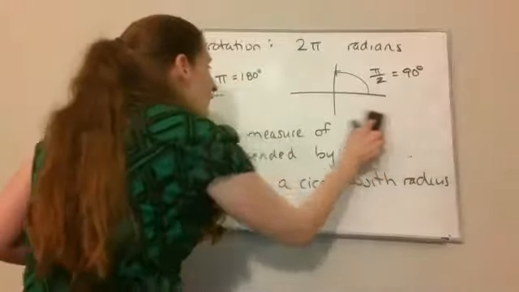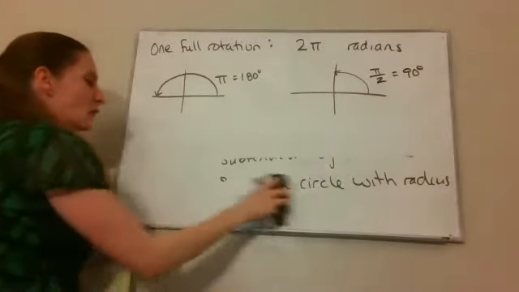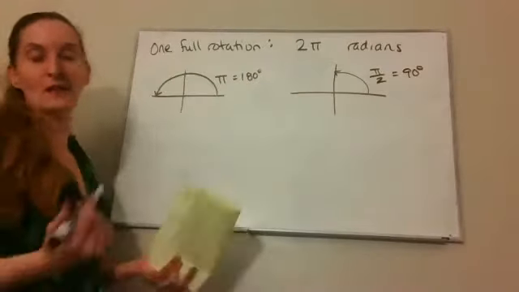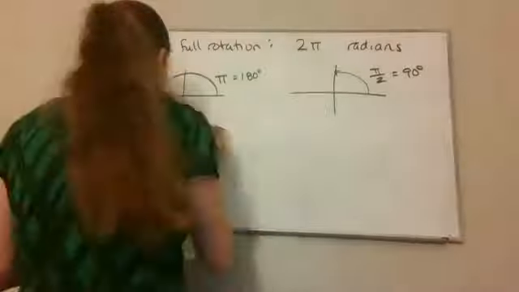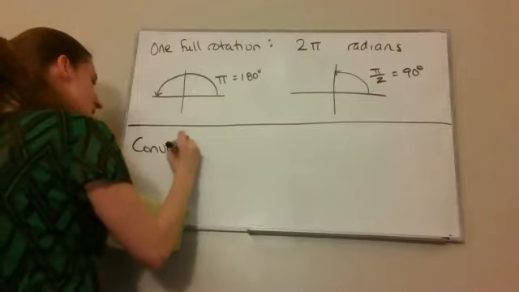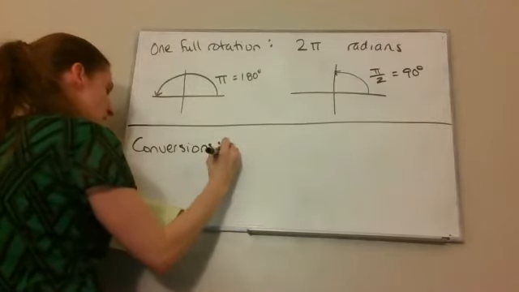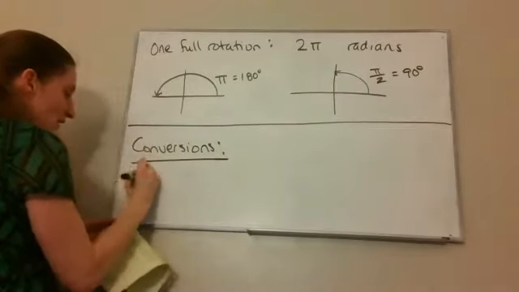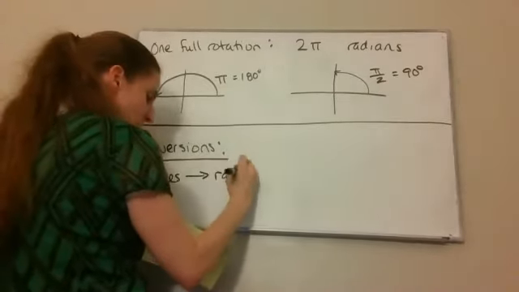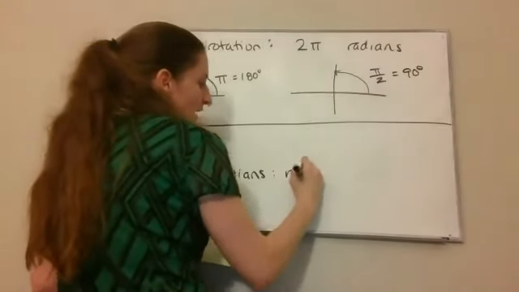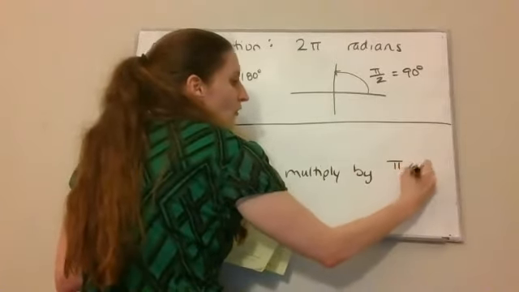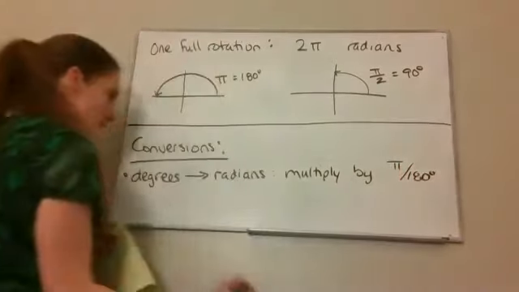So of course, if we have all these different ways of measuring angles, we're going to need to be able to convert between degrees and radians so that we're comfortable with what we're doing. So here are our conversions. If I'm going from degrees to radians, we need to multiply by pi over 180 degrees.